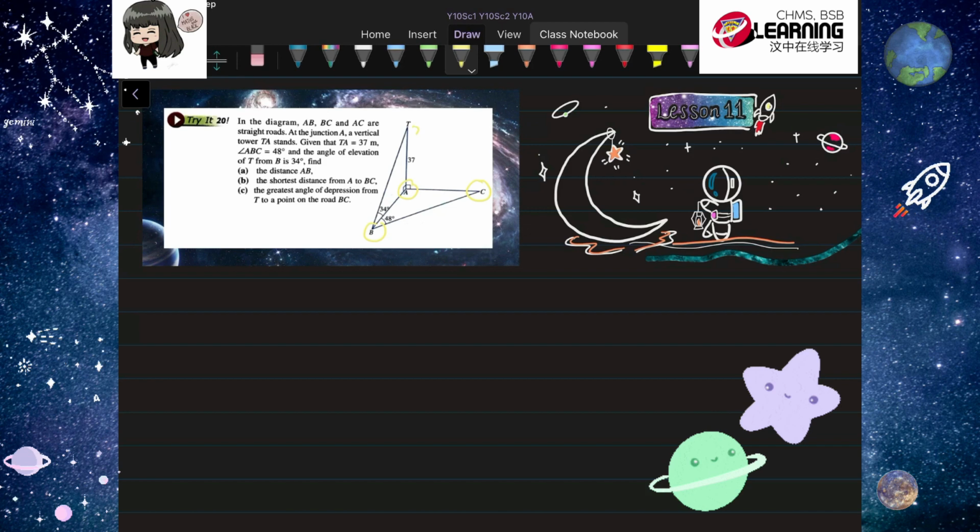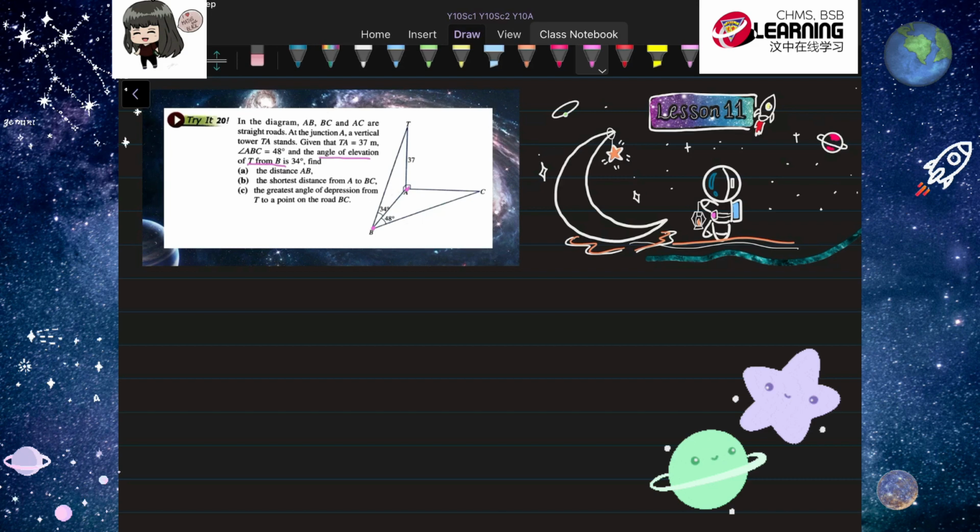And this TA is a tiang, a tower, a vertical tower. Given that TA is already mentioned, 37, and ABC, 48 are all in the diagram already. And the angle of elevation of T from B. B is on the ground, right?